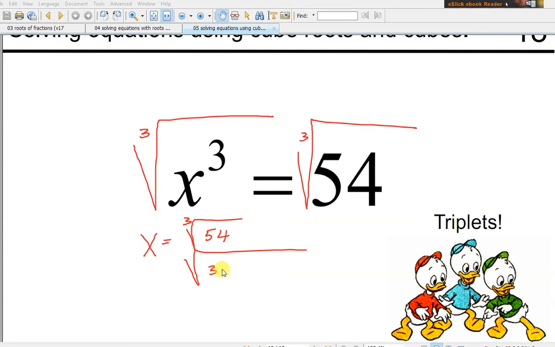This is actually 3 times 3 times 3 times 2. 3 times 3 is 9, times 3 is 27, times 2 is 54. See those triplets right there? They're going to come in front. So it's really 3 cube root of 2. That goes back a couple lessons, how to break down a non-perfect cube.